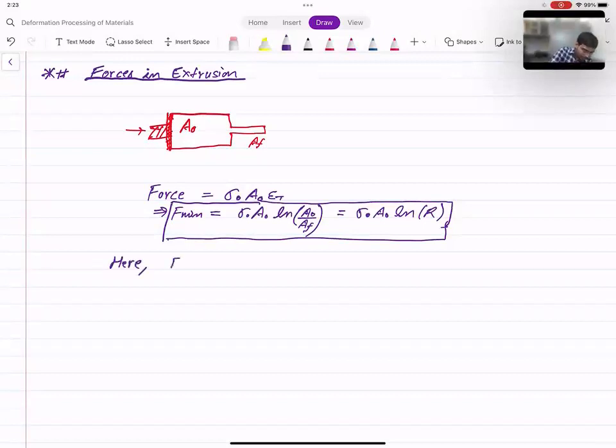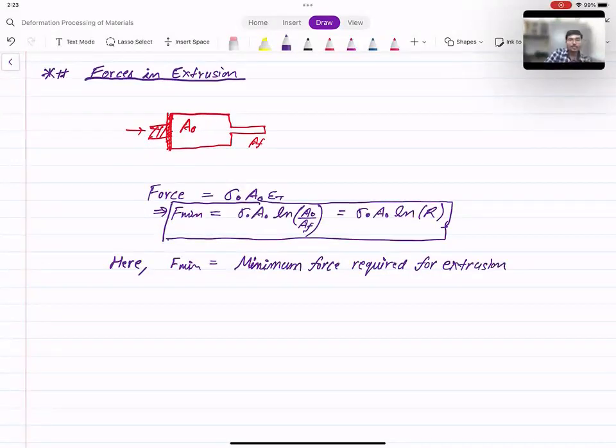Here Fmin is nothing but the minimum force required for extrusion, and sigma naught is the flow stress.